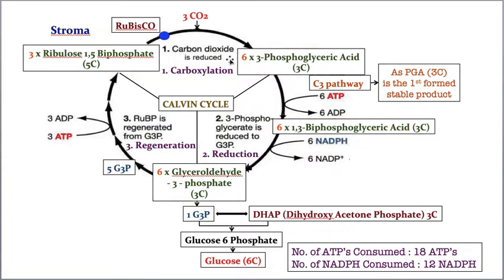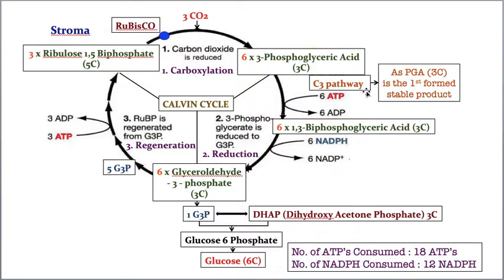Each phosphoglyceric acid molecule has 3 carbons, so 6 times 3 is 18. Now you understood. In the carboxylation process, the first formed stable compound is a 3 carbon phosphoglyceric acid. It is also called the C3 pathway. This is all about carboxylation. Now we understood step 1.